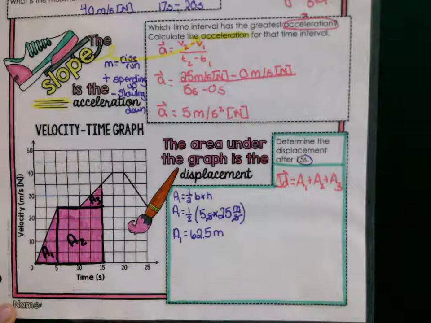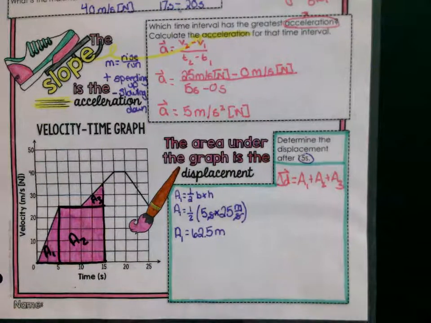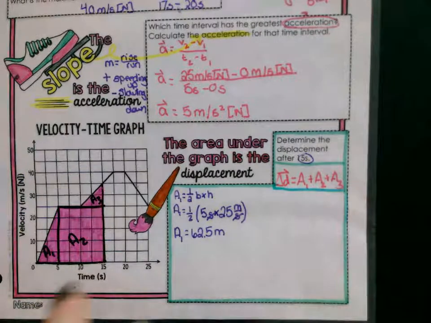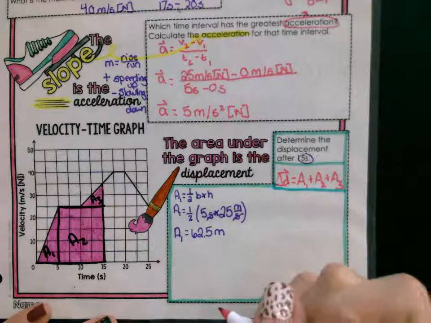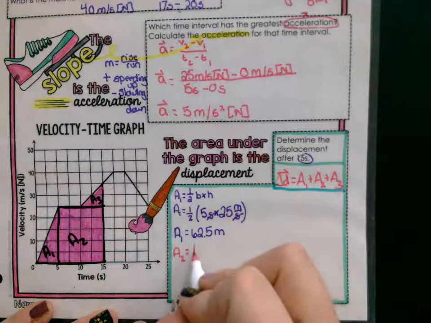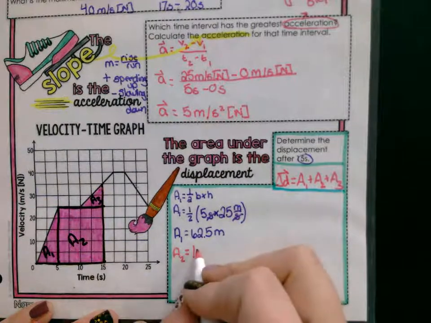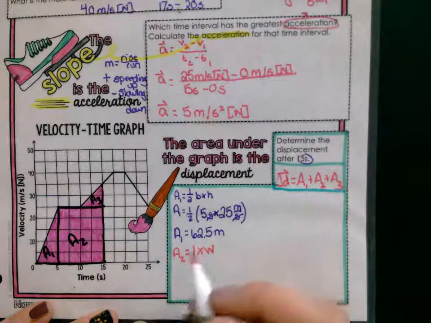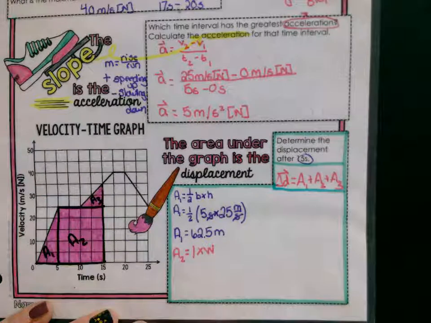All right. Now I need to look at the area of my second one. So the area of 2 is equal to length times width, because it's a square. Remember I said I like those squares?